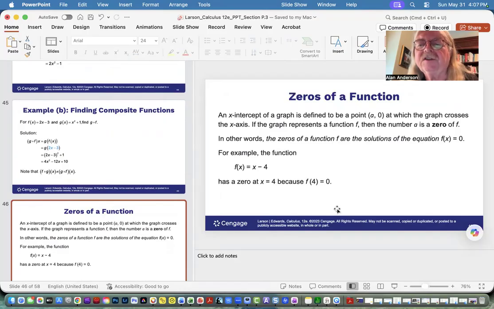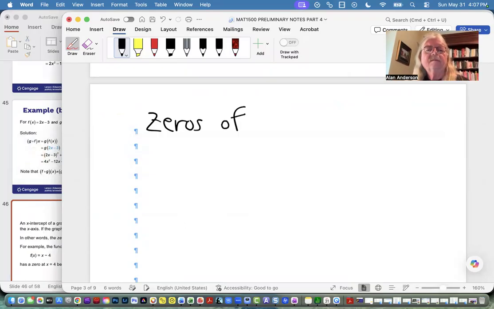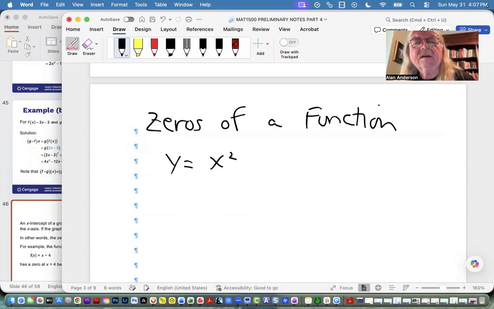Now, zeros of a function. The word zero here means the same thing as a solution. So in other words, let's say our function is y equals x squared minus 4.